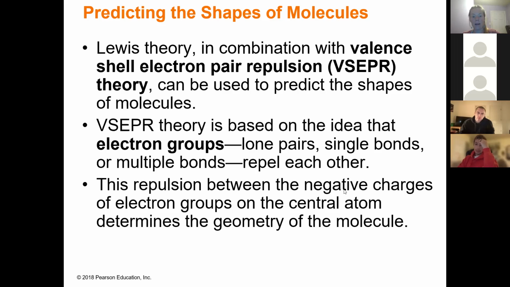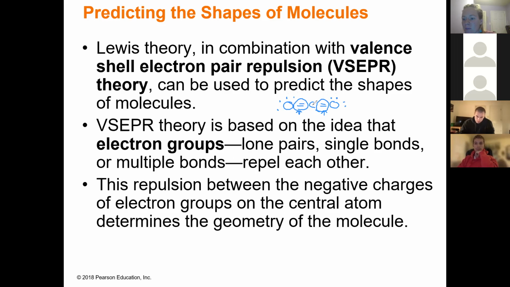Okay, so when I'm looking at, what was it, CO2? O, double bonded to C, double bonded to O, it looks something like this. Okay, this is one electron group and this is one electron group. We classify that as a single electron group. Why? Because can you break the double bond up?